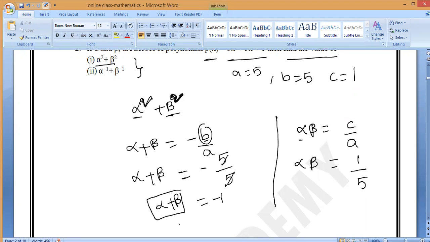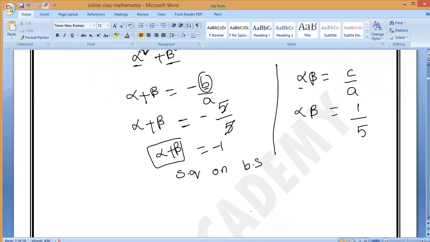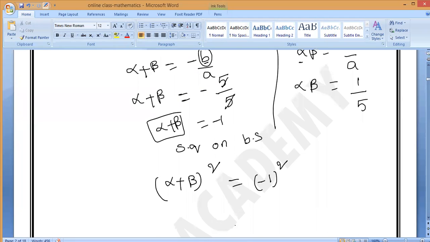So we need squaring on both sides. Squaring on both sides means alpha plus beta whole square, minus 1 whole square. Is it correct? What is the alpha plus beta whole square formula? It is like a plus b whole square.